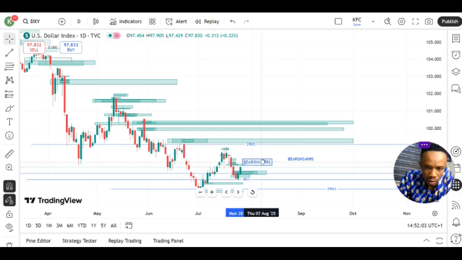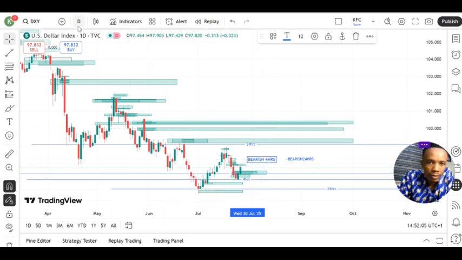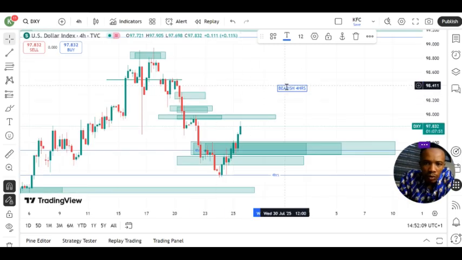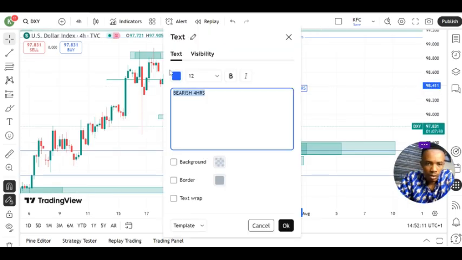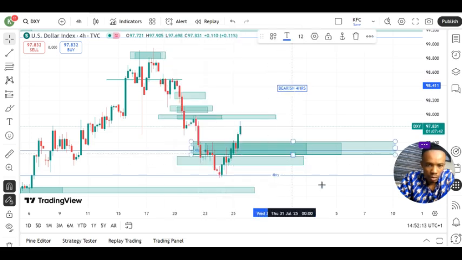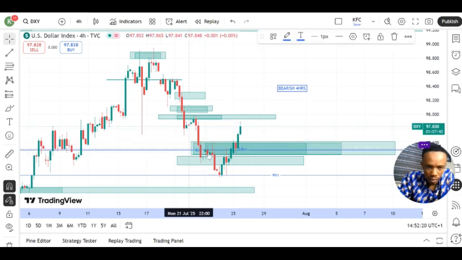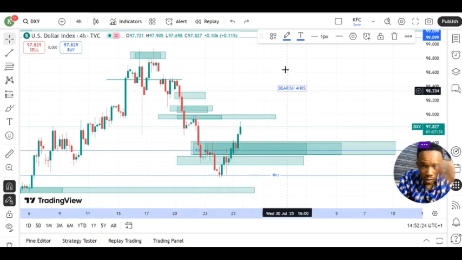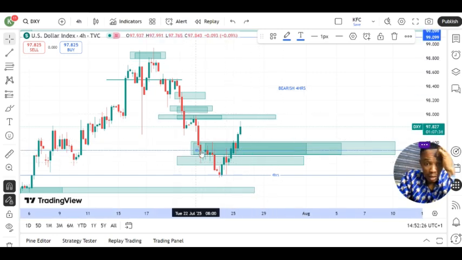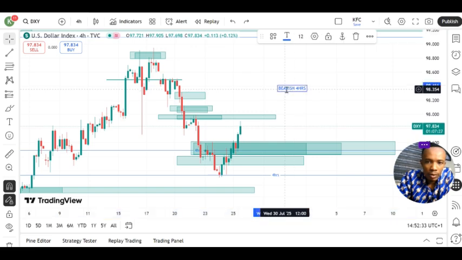But for the 4-hour, which is what tells us exactly what's trading this new week, look at it now. There was a new high formed here, and that's been taken out. Sorry, the 4-hour line is already there, so I haven't taken that out. So this is a bullish 4-hour.